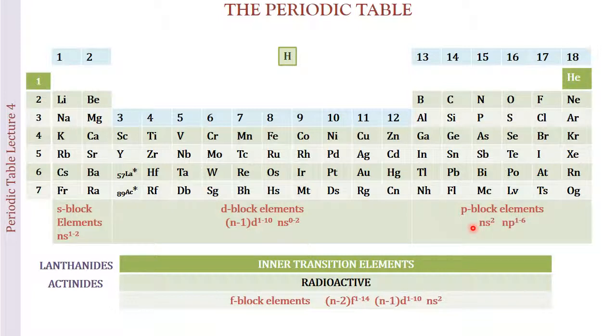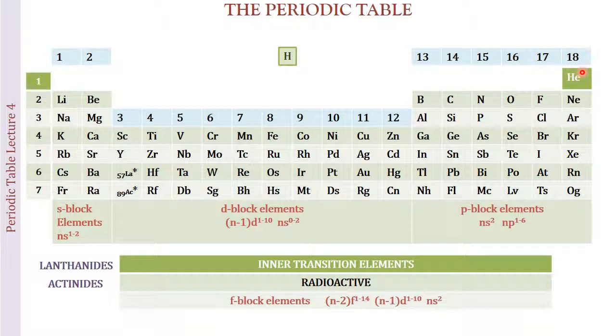But as for now, after the s block elements, the next block we have is the p block elements, where the last electron is going to enter into the p orbitals. So there are going to be 6 groups over here, that is 13 to 18. The exception is helium, where the electron is entering into the s orbital, but this is placed in group 18 because it has characteristics similar to the noble gases, because it has a fully filled energy level and hence it is not reactive, it is a noble gas.